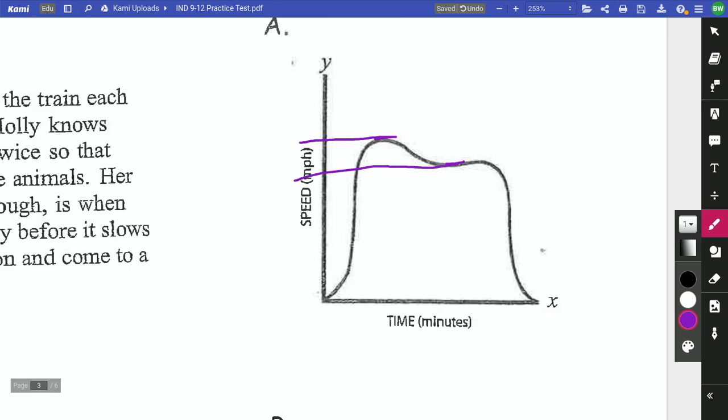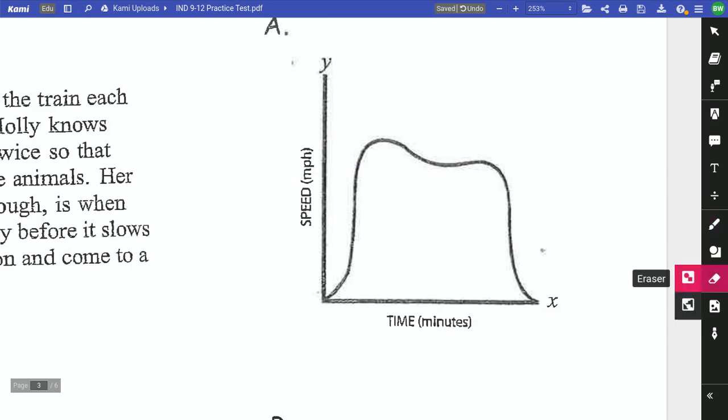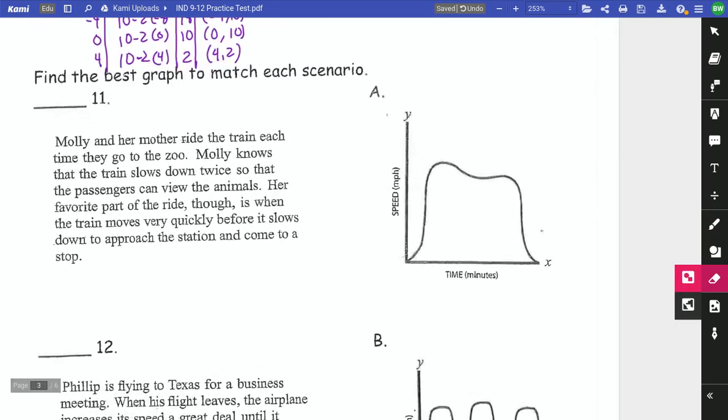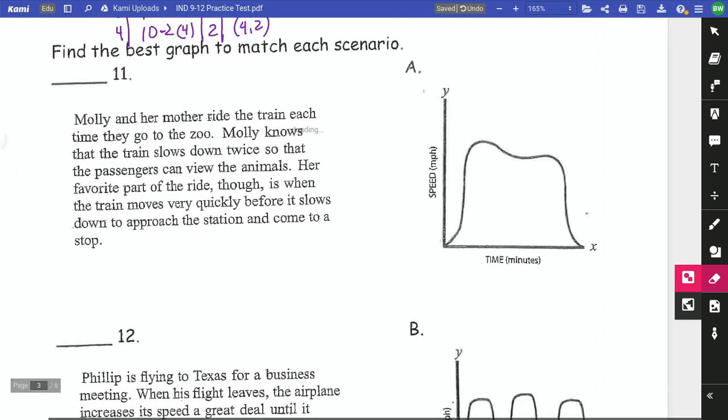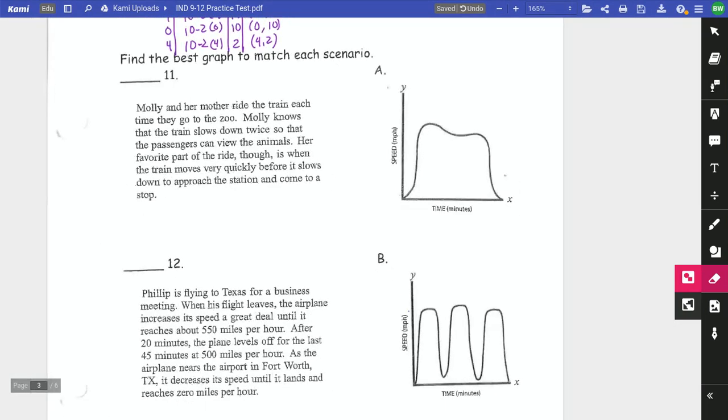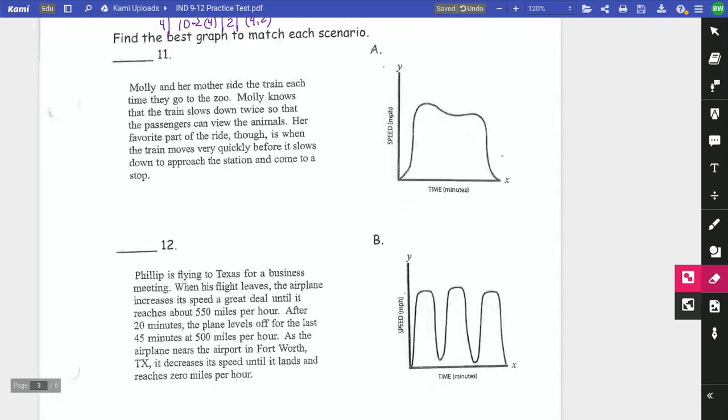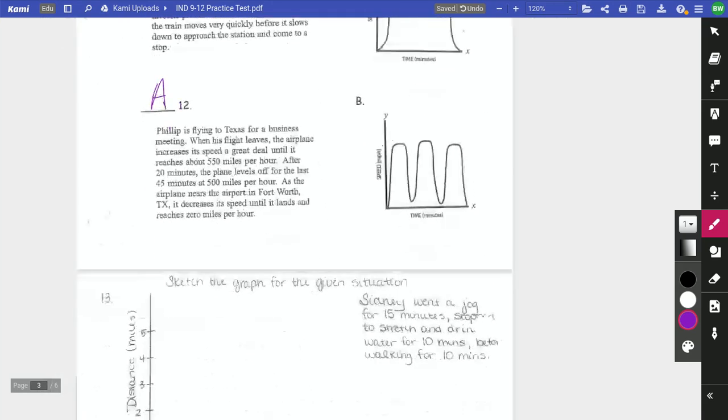So yeah, it looks like that's probably that one. So yes, we will say 11 is B, the train ride. That's the one where the speed goes up and down. And 12 is A, the plane. Okay, it goes faster, then slows down somewhat, and then slows to a stop at the end.